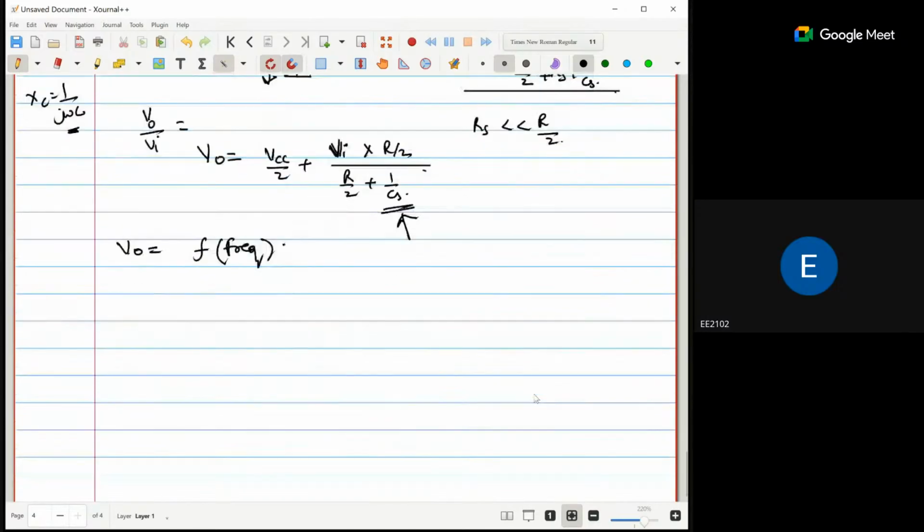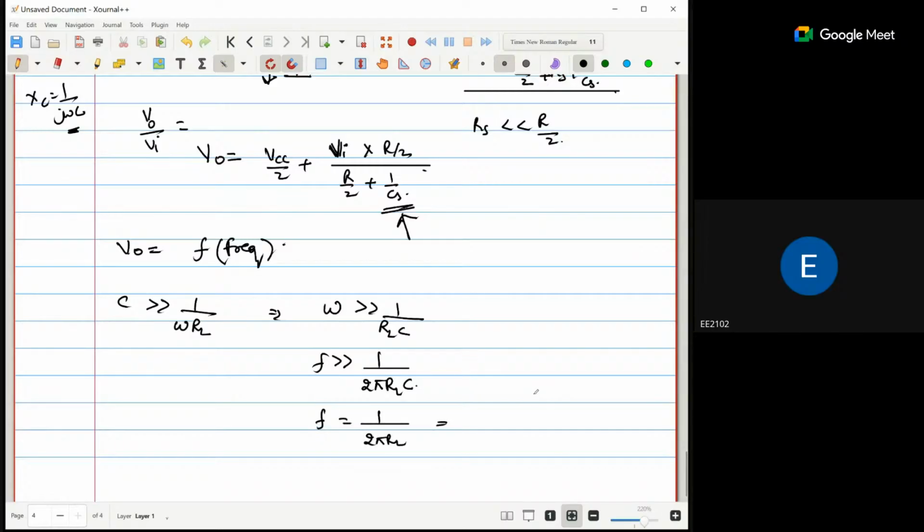So the condition is that the capacitance value should be greater than 1 upon omega RL, or for the frequency, omega should be greater than 1 upon RL times C. F should be greater than 1 upon 2 pi RL times C. If I say the minimum, F should be equal to 1 upon 2 pi RL times C. So this is the minimum frequency of operation.